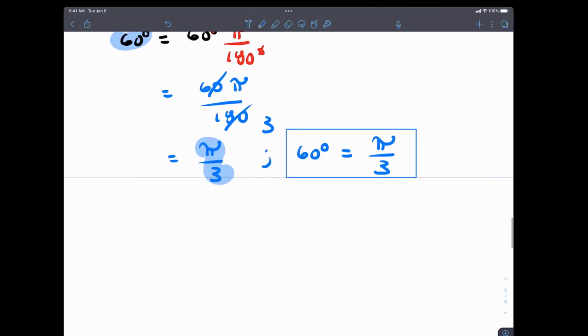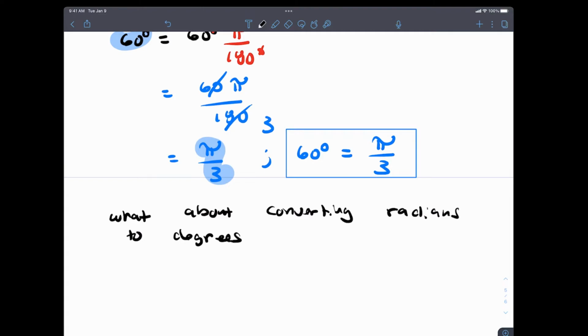And here's what I was going to say to you guys. What if they say to you, hey, what about converting radians to degrees? Can you go the other way? Yes.